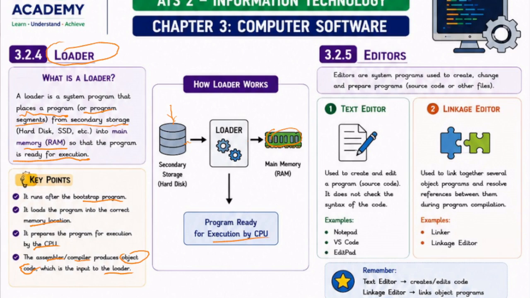So editors are system programs used to create, change, and prepare programs, source code. Object code means machine language.